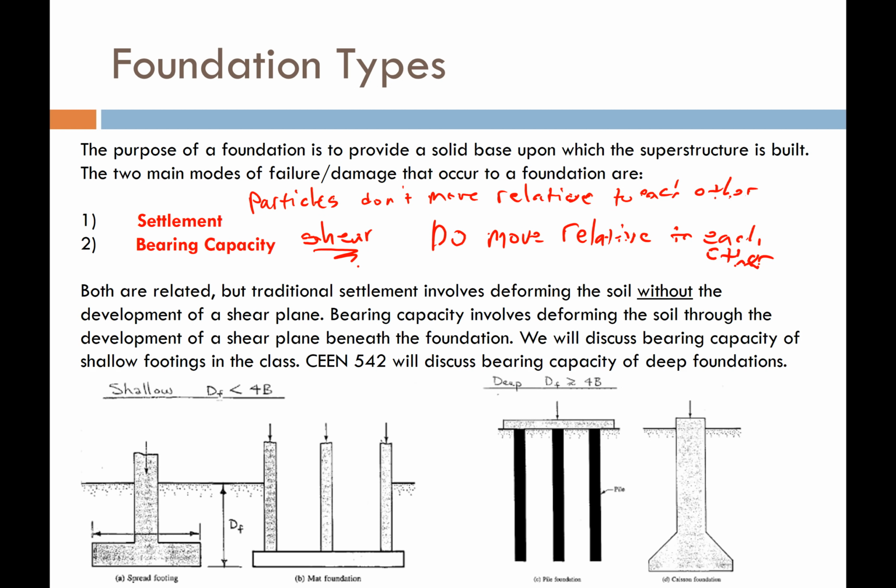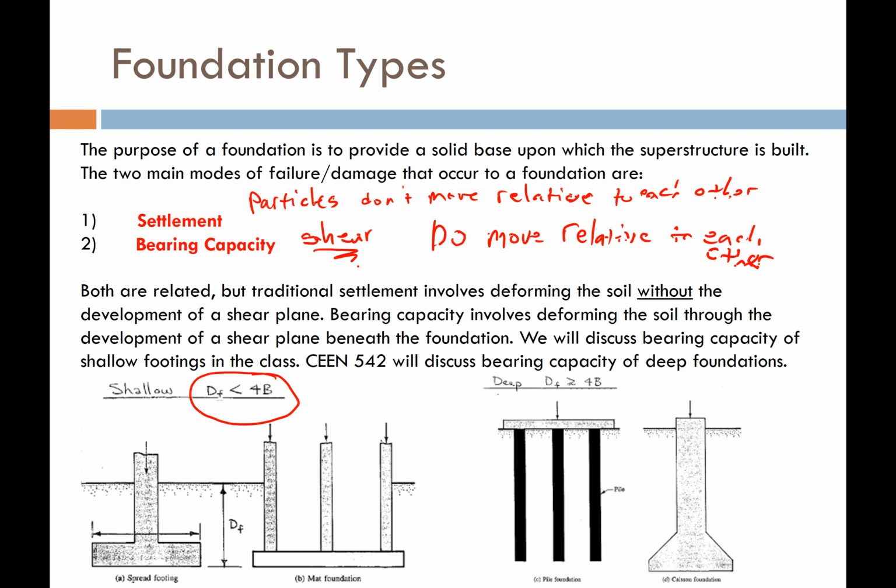Now, there's two main types of foundations that bearing capacity applies to. We can have what we call shallow foundations. Shallow foundations are any foundation where the bottom of the footing is generally less than about 4 times the width of the footing from the ground surface.